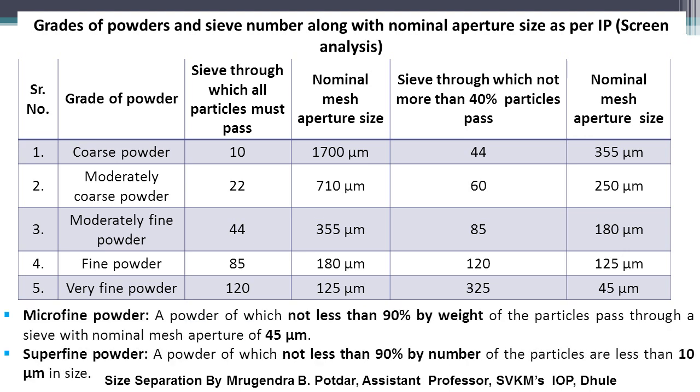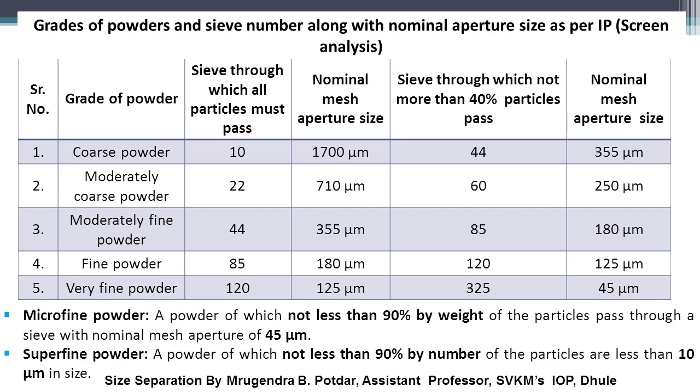There are also microfine powders: a powder of which not less than 90% by weight of particles will pass through a sieve with a nominal mesh aperture of 45 micrometer. Those powders will pass through sieve number 325, with nominal mesh aperture size of 45 micron. That powder is called microfine powder.